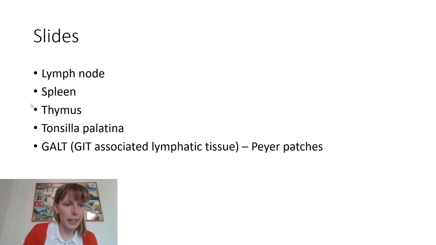Then we will take a look at thymus, which is the primary lymphatic organ, which will also have a capsule, but it will be the place where the T lymphocytes are being made. And then tonsilla palatina, the tonsils in your mouth, which will be covered with stratified squamous non-keratinizing epithelium, so partially capsulated, and finally the non-capsulated Peyer's patches in the intestine.